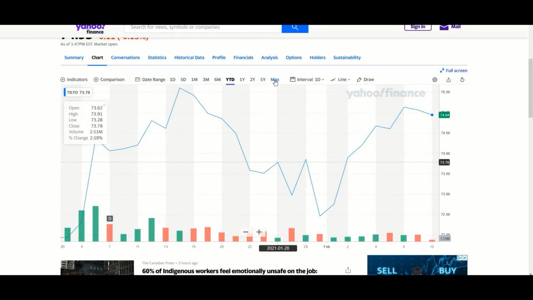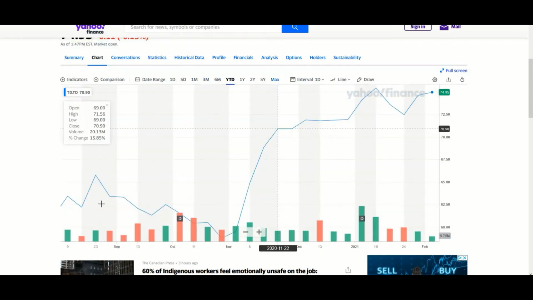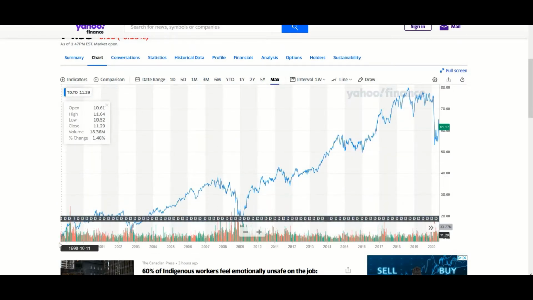If I want to see the maximum, I'll click here and it'll show me the maximum, from when the stock started trading on the stock exchange till now. So it's really good information.